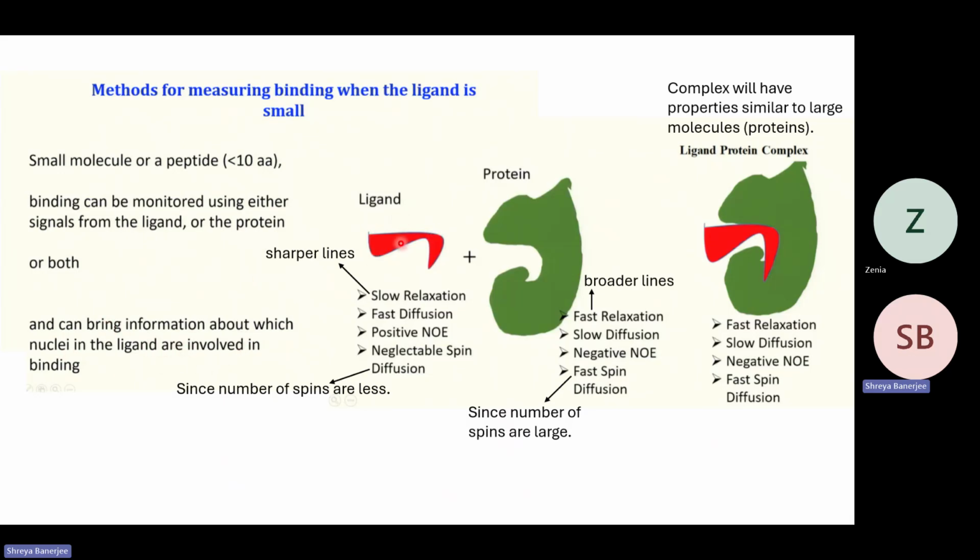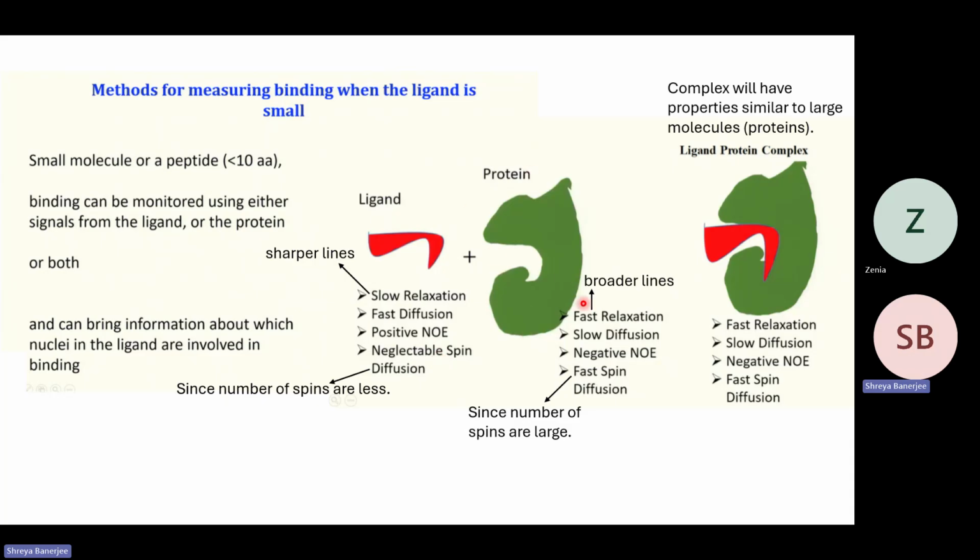So the ligand is small, and so its relaxation times will be slower. This will result in sharper lines. Line width will be less. Also, they are small molecules, so diffusion will be fast and the NOE will be positive. And since the number of spins are less, since it's a small molecule, the spin diffusion is also negligible.